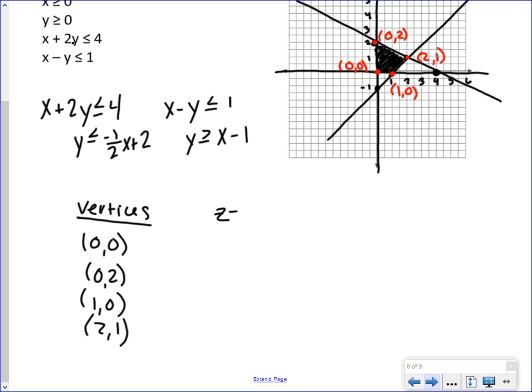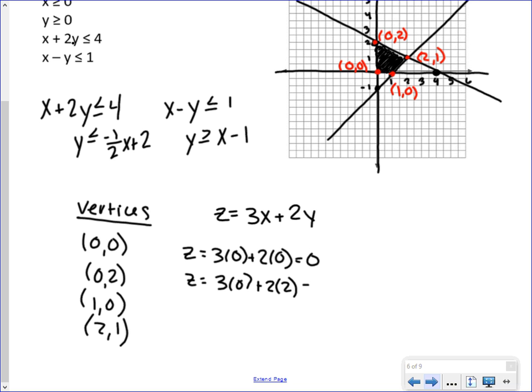And my objective function was, is it 3x plus 2y? One at a time, I plug those points in. So here I'd have z equals 3 times 0 plus 2 times 0, that's 0. Then I'll do z equals 3 times 0 plus 2 times 2, that's 4.